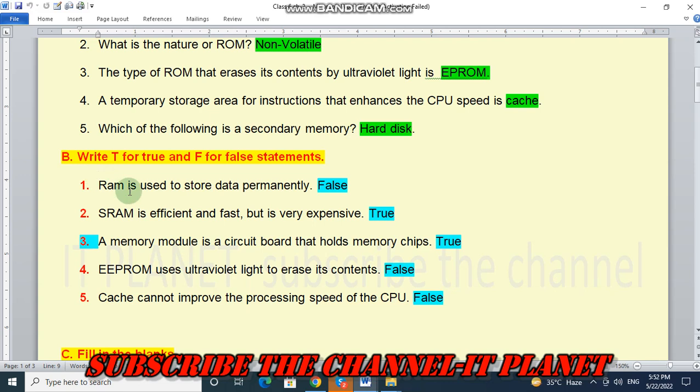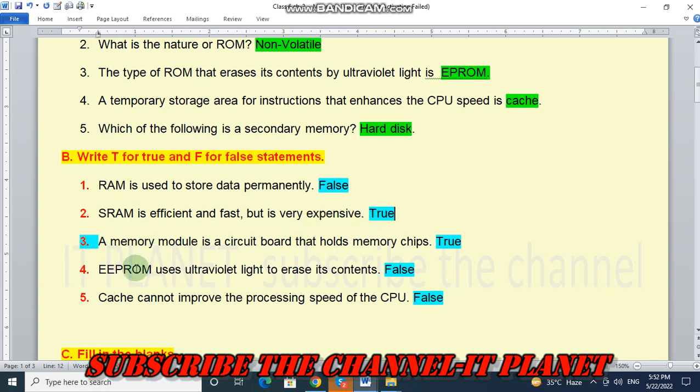Question number 2, true or false. Always type RAM in capital. RAM is used to store data permanently. This is a false statement. RAM is temporary. SRAM is efficient and fast but is very expensive. Yes, this statement is true.